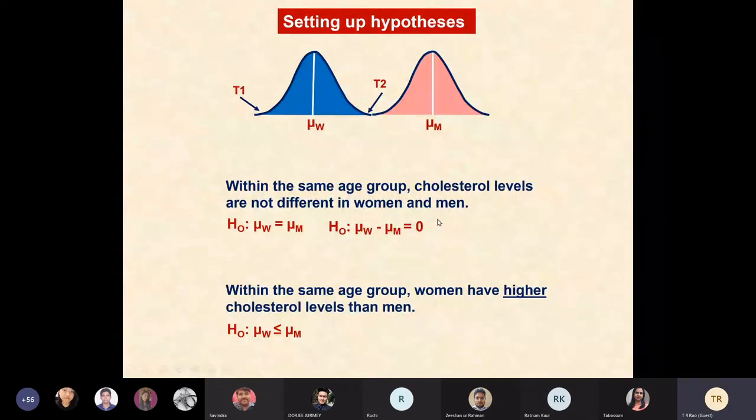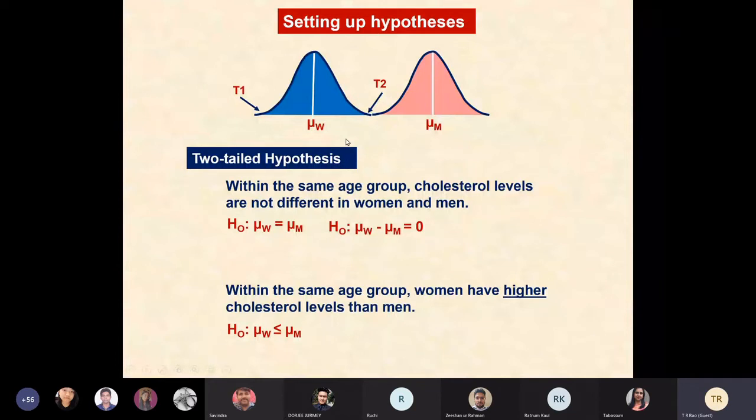Just as long as they're different, we are satisfied. But here, the proposal is that it has to be definitely women who will have the higher cholesterol levels. So that means women having higher levels means that we are only interested in the higher side, not in the lower side. Correct? That's why these two have different names.